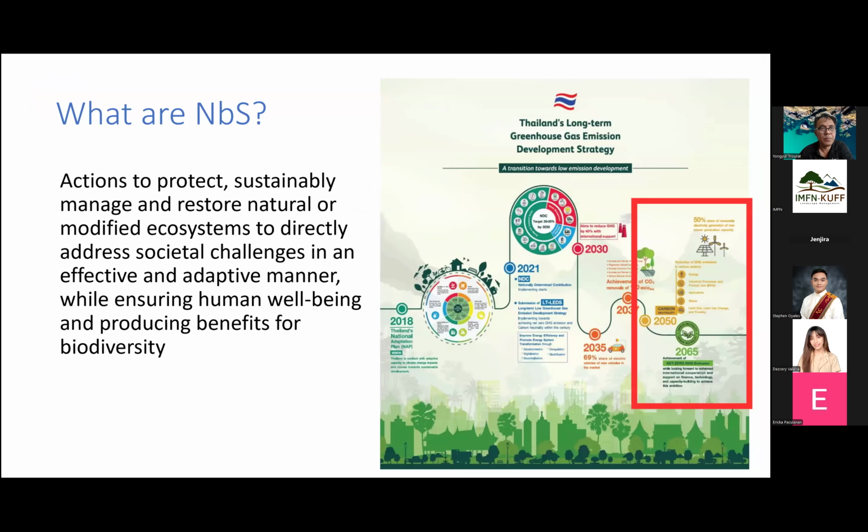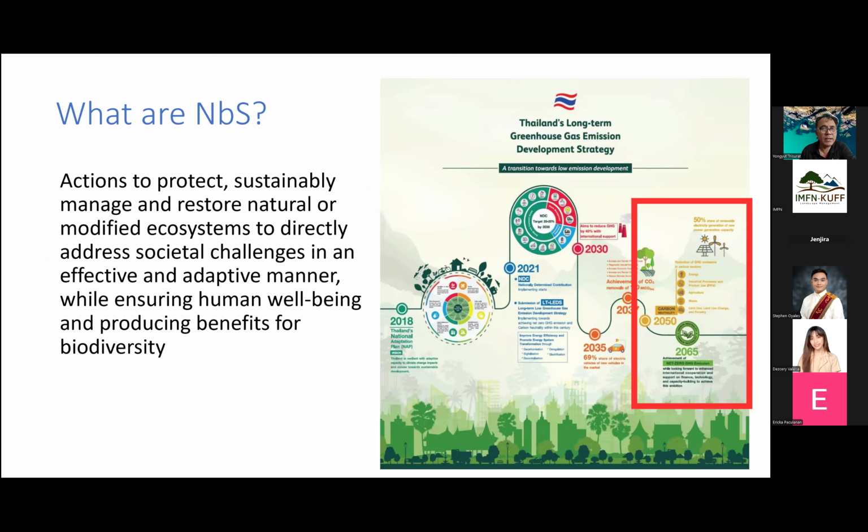Nature-based solutions are actions to protect, sustainably manage, and restore natural or modified ecosystems to directly address societal challenges in an effective and adaptive manner, while ensuring human well-being and producing benefit for biodiversity.